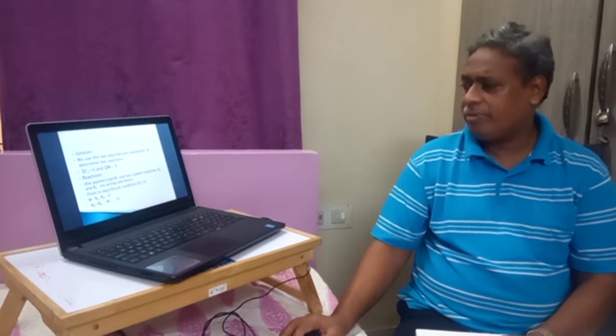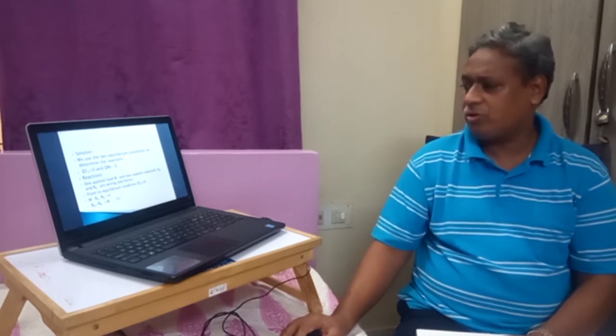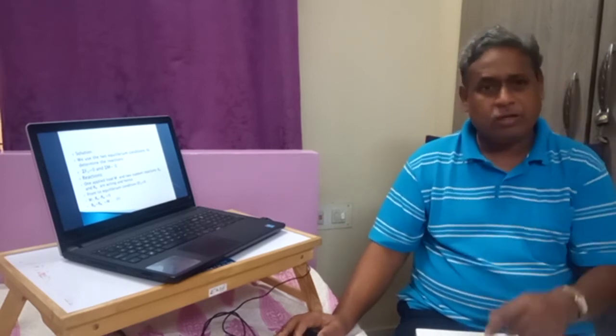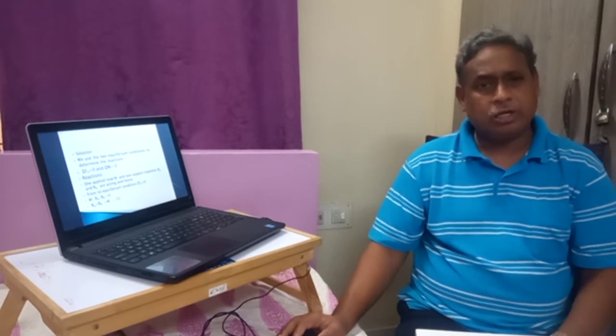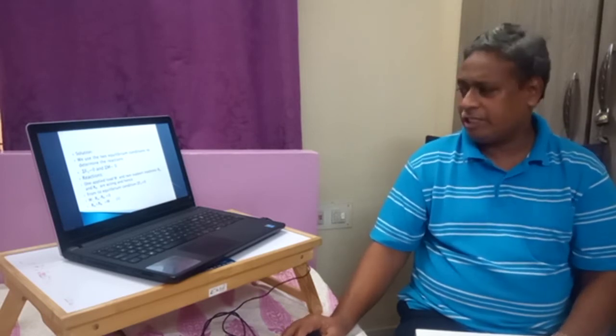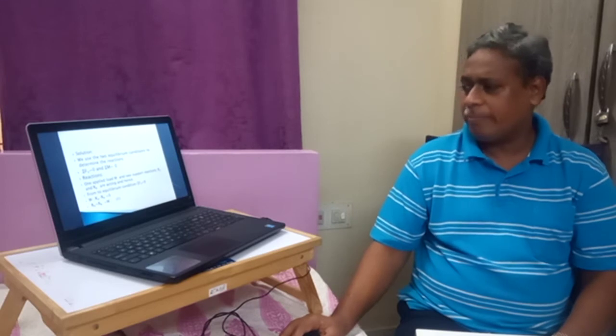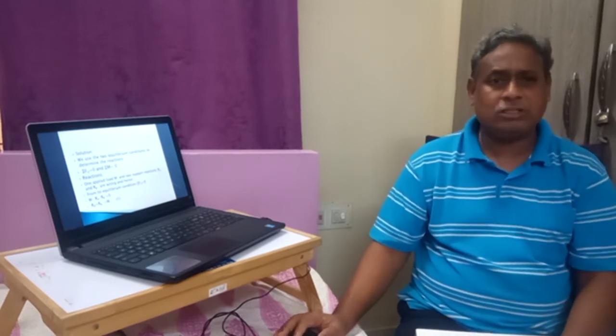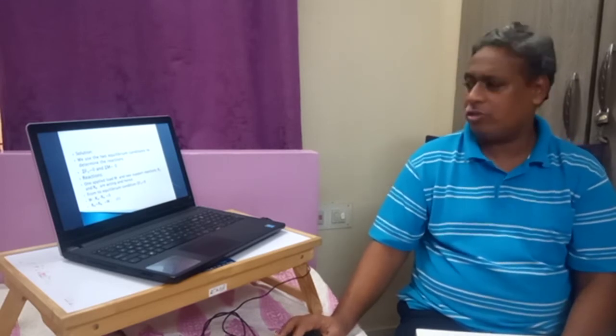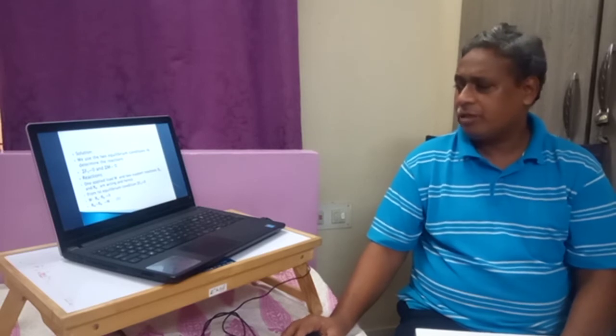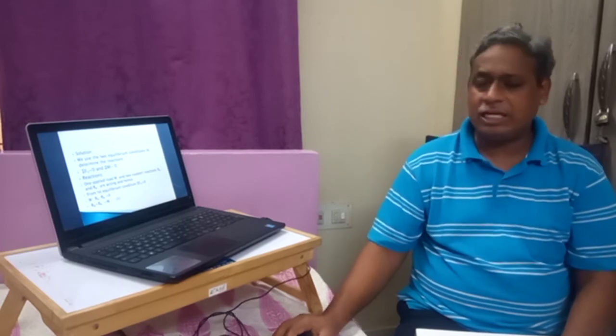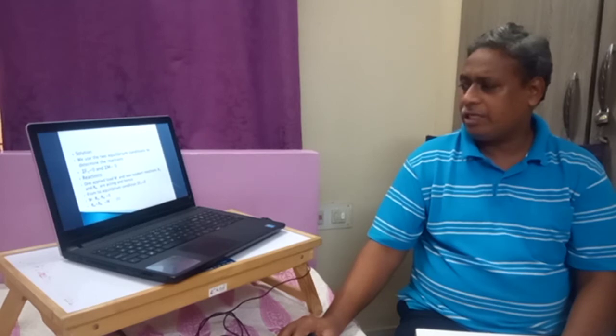Therefore, the sum of the reactions should be equal to W. Applying the equilibrium equation, sigma FV is equal to 0, W which is downwards, we consider as plus W, minus RA which is going upwards, and also minus RB, is equal to 0. So these three vertical forces are algebraically added to get 0.